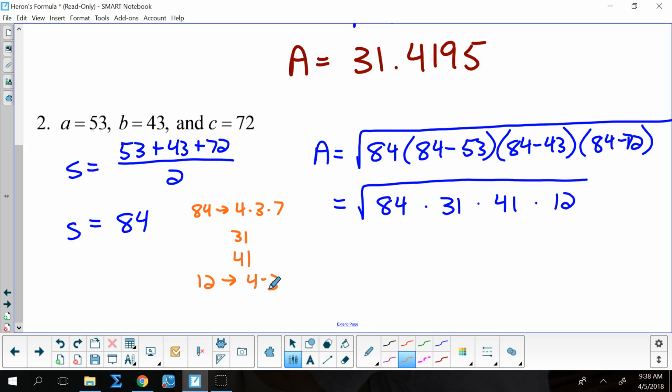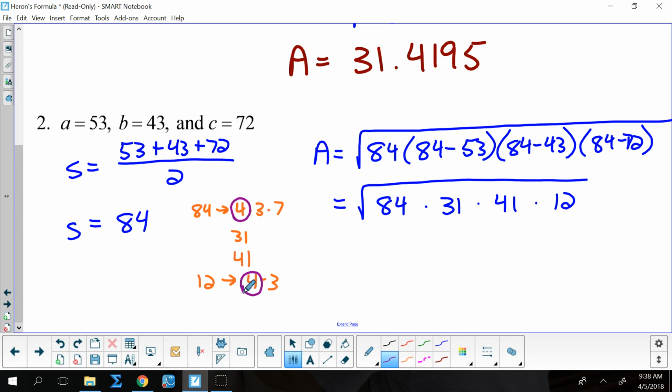Now I say that because 4 is a perfect square. And 4 is a perfect square.